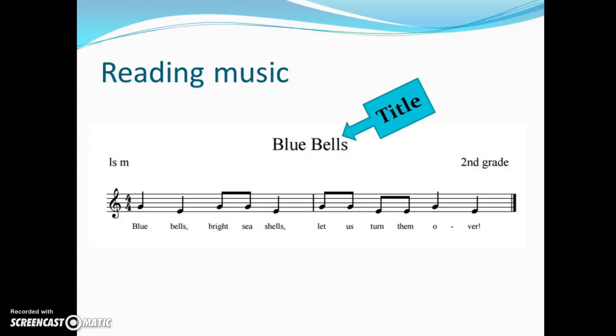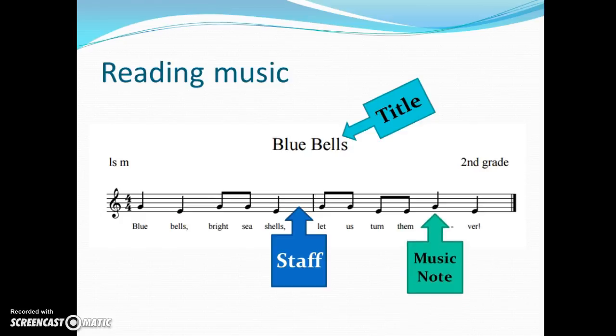It's the same thing as when you listen to a song on the radio, that song has a title or a name. Second, we also have our staff. The staff has 5 lines and 4 spaces, and this is where we write music. Third, on our sheet music, we have music notes, or quarter notes and eighth notes. They are placed on the staff.